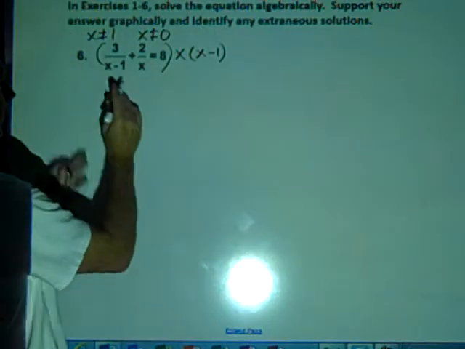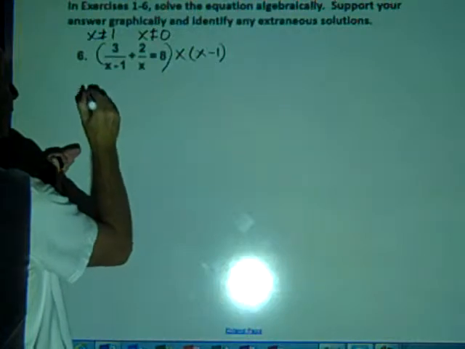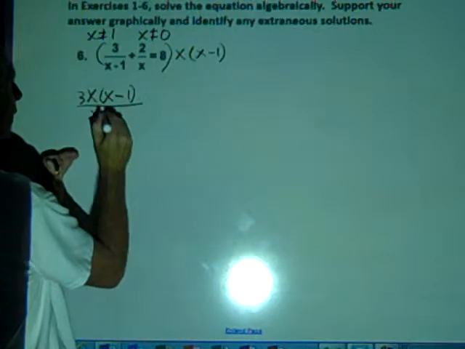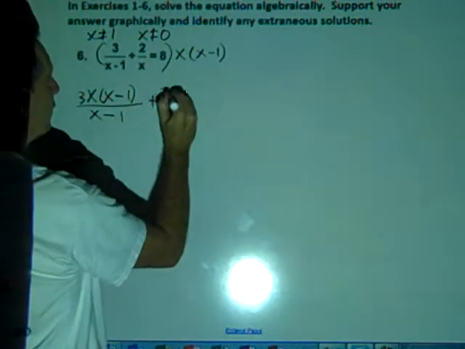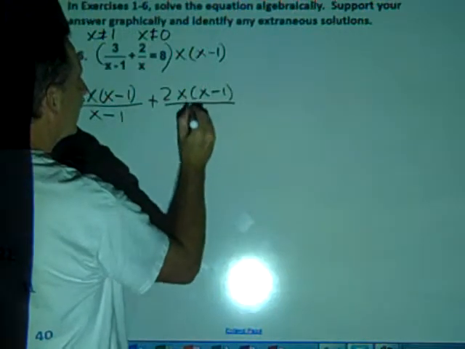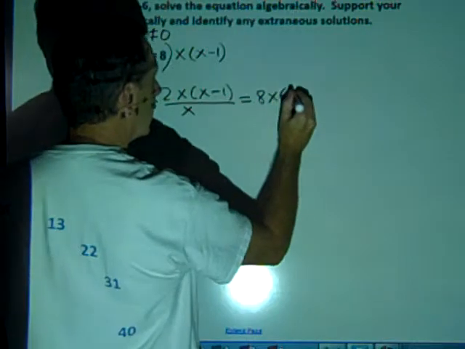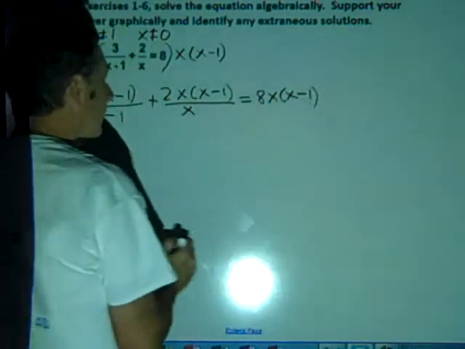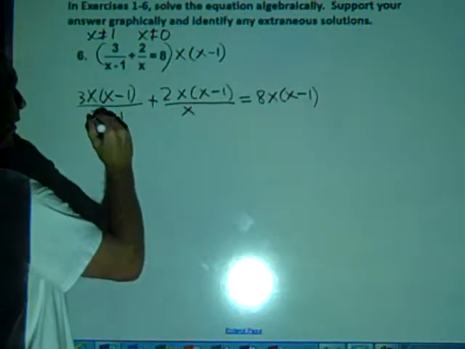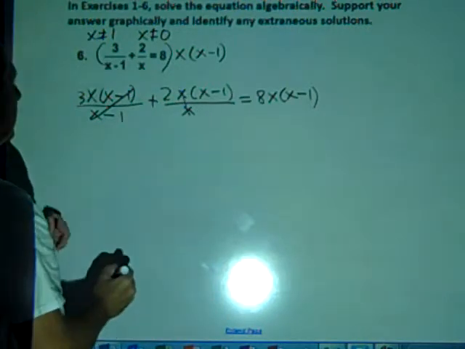And multiplying this all out, we're left with 3x times quantity x minus 1 over the denominator of x minus 1 plus 2x times quantity x minus 1 over the denominator of x equals 8 times x times quantity x minus 1. And we can start canceling things out. Quantity x minus 1 over x minus 1 cancels out. X over x cancels out here.